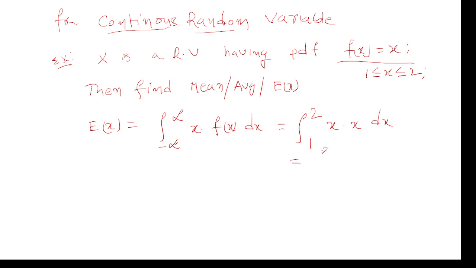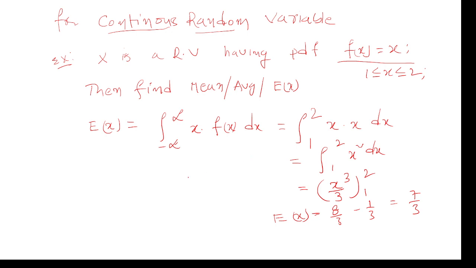This is equal to the integration of 1 to 2 of x square dx. Therefore, the integration of x square is x cube by 3, with limits 1 to 2. So 2 cube by 3 means 8 by 3, minus 1 cube by 3, which is 1 by 3. That is 8 minus 1, so 7 by 3 is the average. So this is the way we need to calculate an average or mean in random variables.